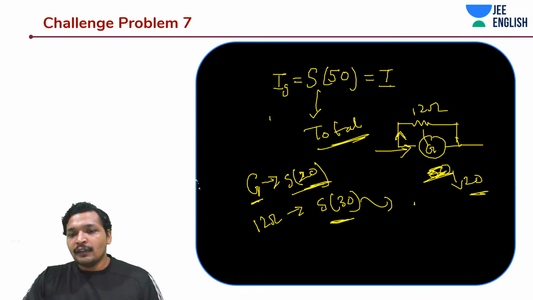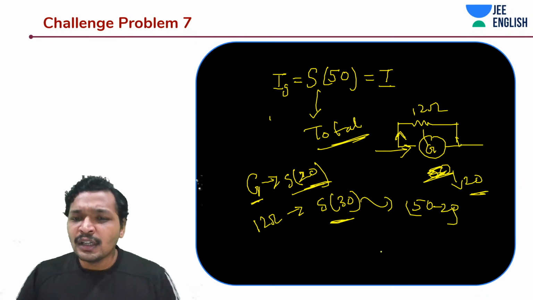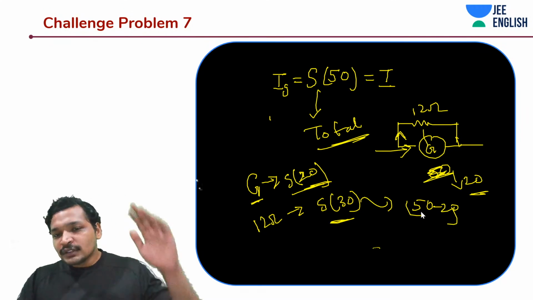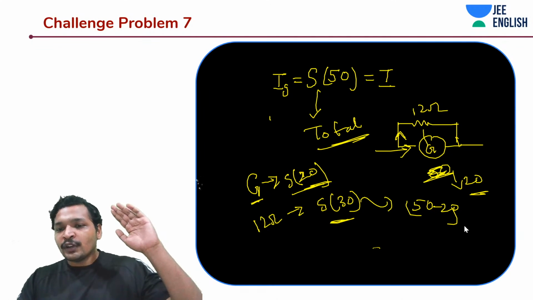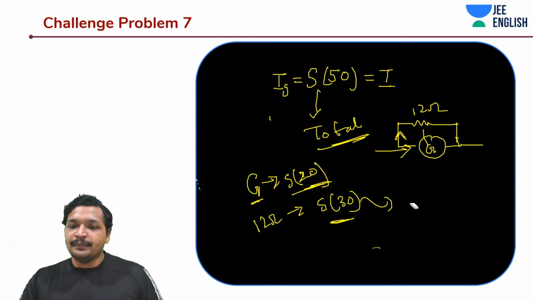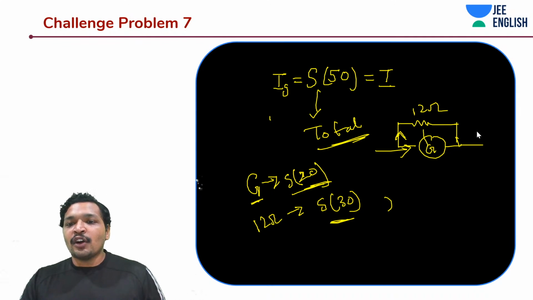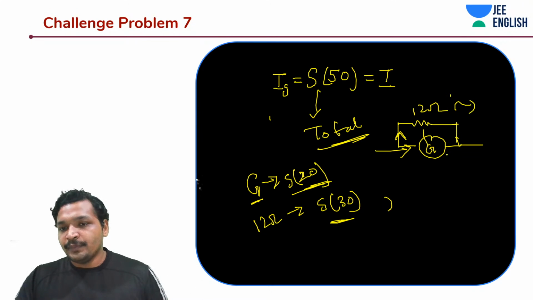Understood? Now what you need to do is equate the voltage. The voltage drop across the 12 ohm resistor and the galvanometer is the same, V.